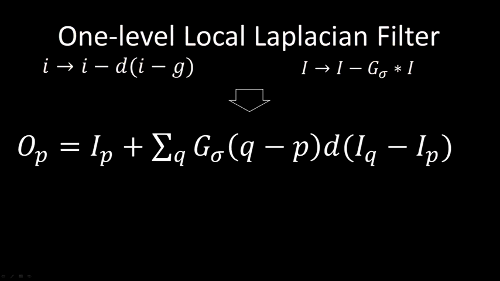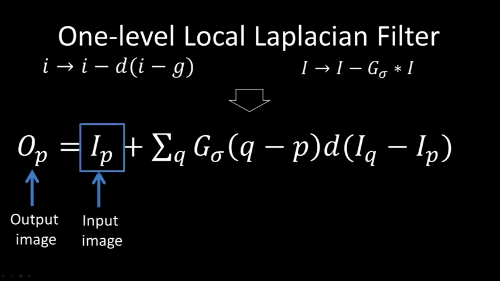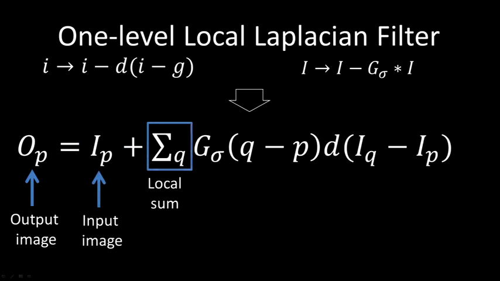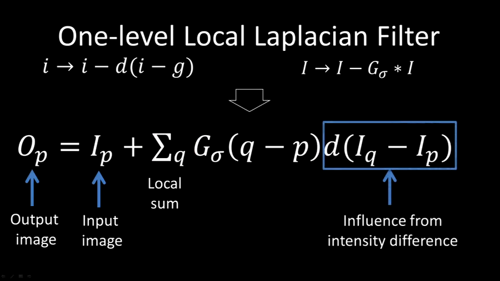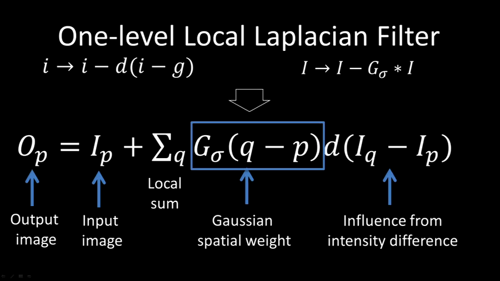Using the equation for those two parts, and after some simplification for which I refer you to the paper, we obtain this equation for this simplified one-level local Laplacian filter. This is an important equation which gives the value of the output image at a pixel p as a perturbation over its value in the original image, I_p. This perturbation is a sum on a local neighborhood of the influence of nearby image values. This influence is a function of the intensity difference with the neighbor pixels, and it is weighted by a Gaussian weight.